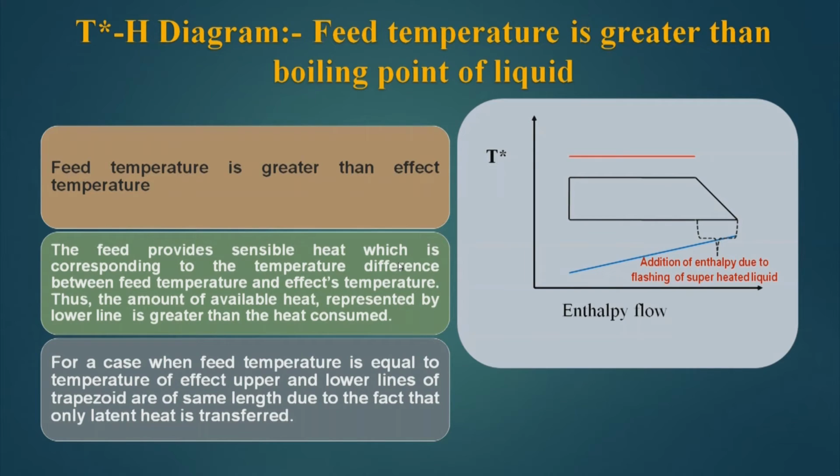For a case when feed temperature is equal to the temperature of the effect, the upper and lower lines of the trapezoid are of the same length, because only latent heat is transferred. Now, if this feed temperature is equal to the boiling temperature, it will convert into a rectangle. This part will go away and this will convert into a rectangle, as the latent heat transfer will be only this much.